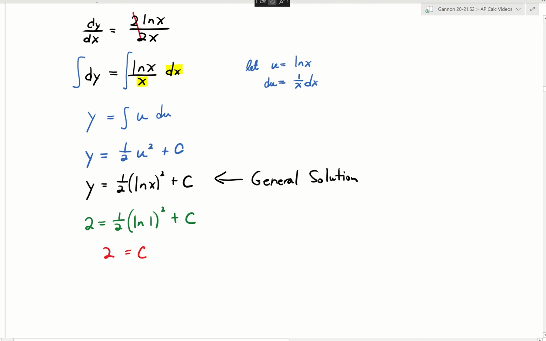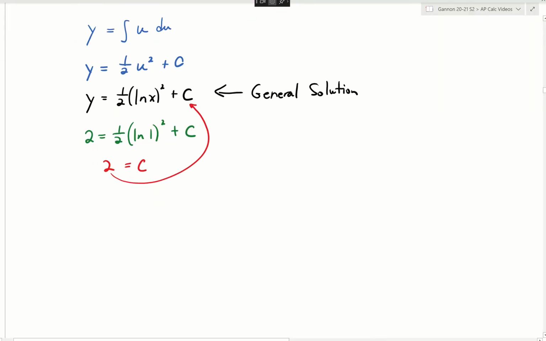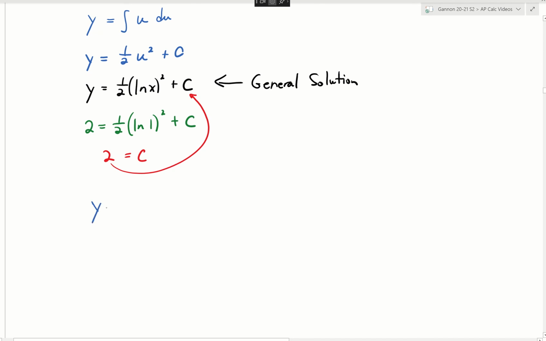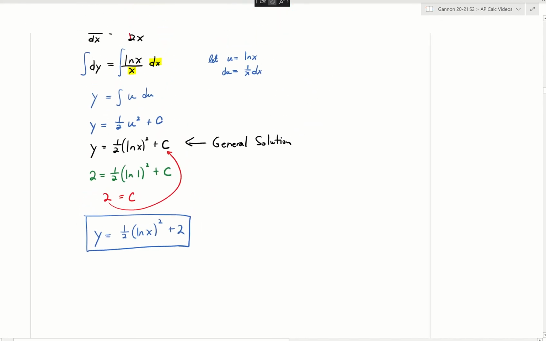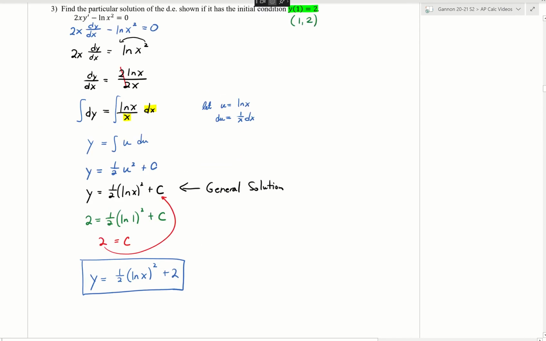And at that point, we can plug 2 back in for c. So we end up with y equals 1/2 ln of x quantity squared plus 2. And that is what is referred to as the particular solution. It is the solution given the initial condition y of 1 equals 2.